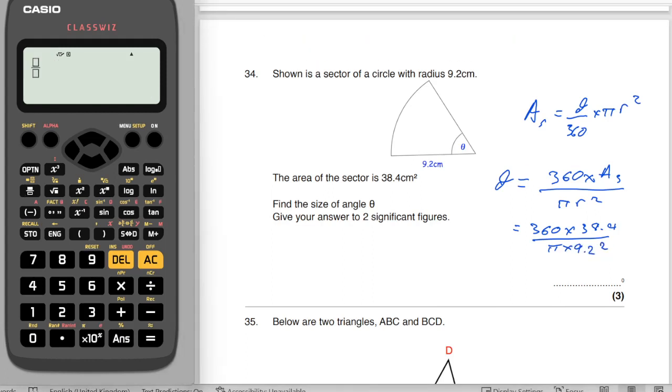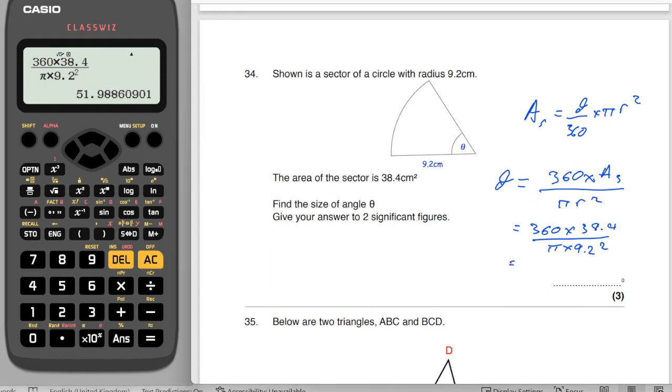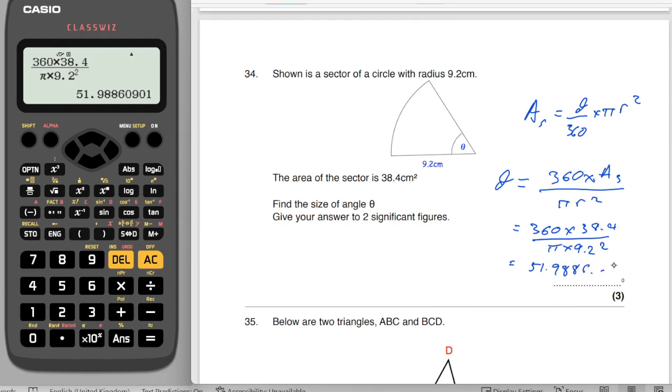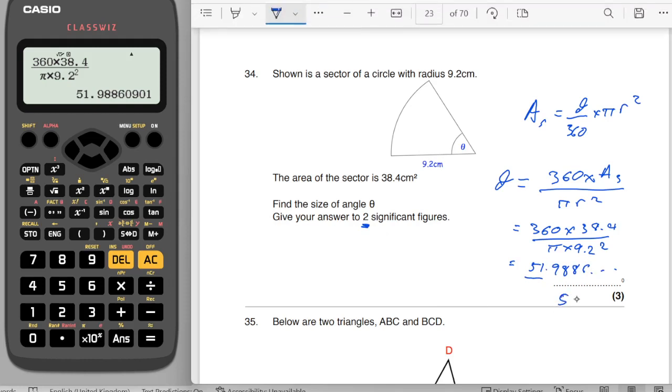So on my calculator then, that gives me the value of 51.988. So I'll write that in full. 51.9886 dot dot dot. To 2 significant figures then, that's going to be 52 degrees.